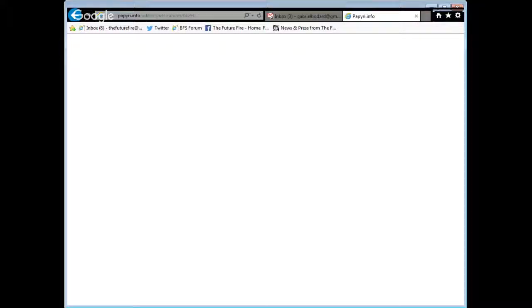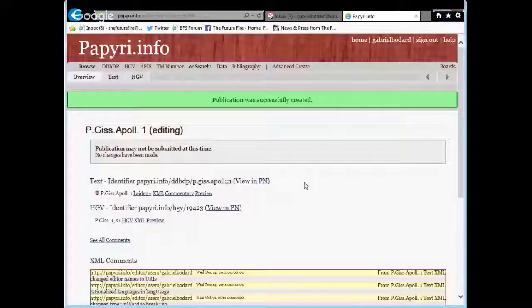Okay, so what you see when you get this is the editing interface for the papyrological text, and I will select on this the link to Leiden Plus, and then when the Leiden Plus loads, I will stop screen sharing and start screen sharing again so you can see it.